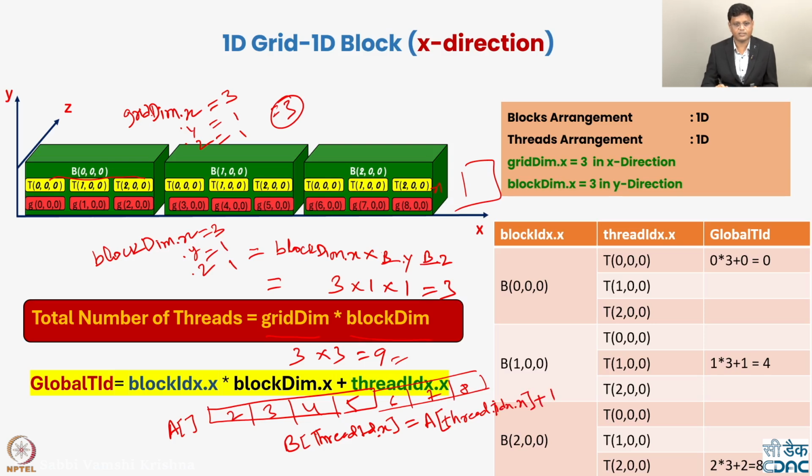What will happen in this case? Because you know that threadIdx is the value of each individual thread within a block. Here the thread ID is also the same. In this block it is different, but the thread ID is the same. In this block the thread ID is the same.